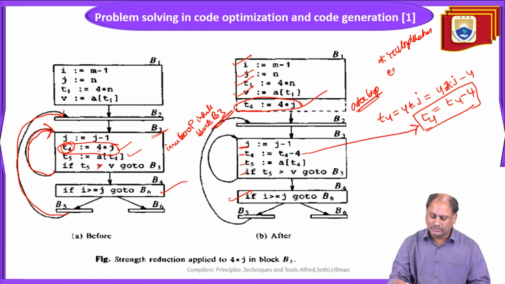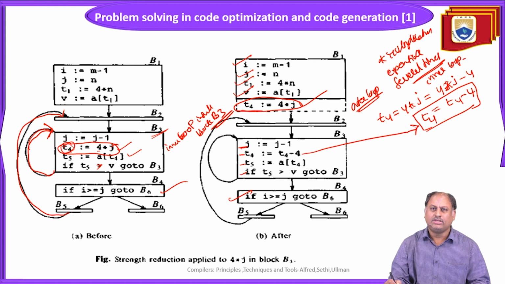It is an expensive operation to compute several times, since the inner loop can be executed repeatedly until the condition fails.